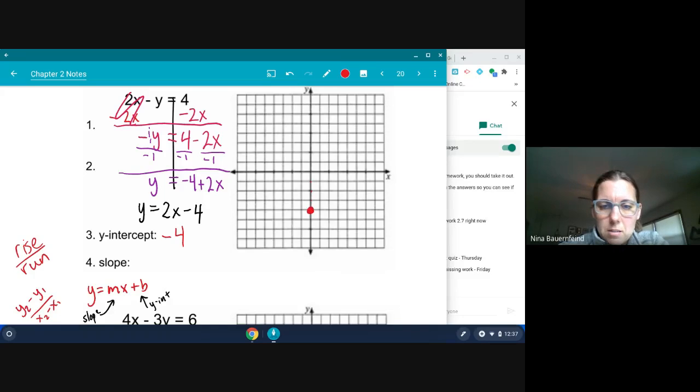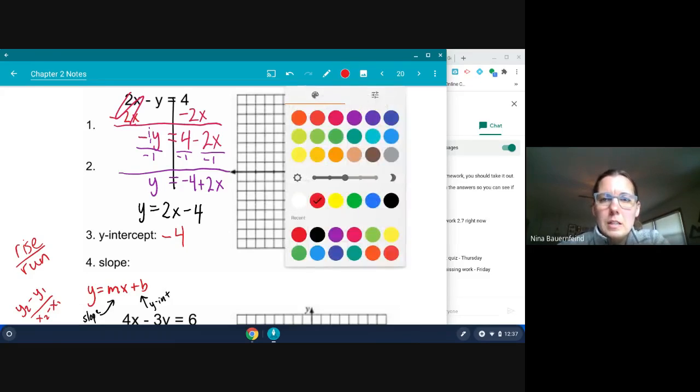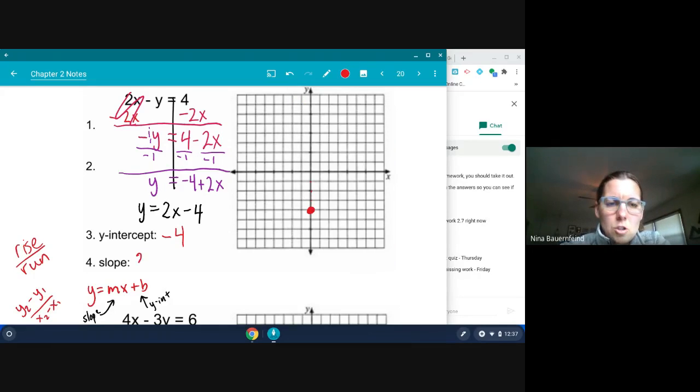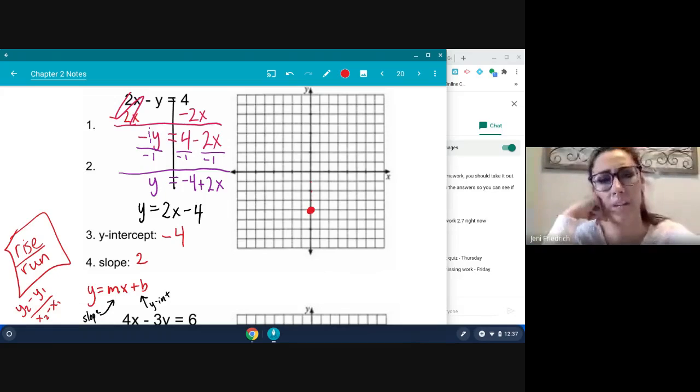Like this. And then the slope is 2. But if we don't have a fraction, what do we do? Because we need a rise over run. How would we make a whole number into a fraction?